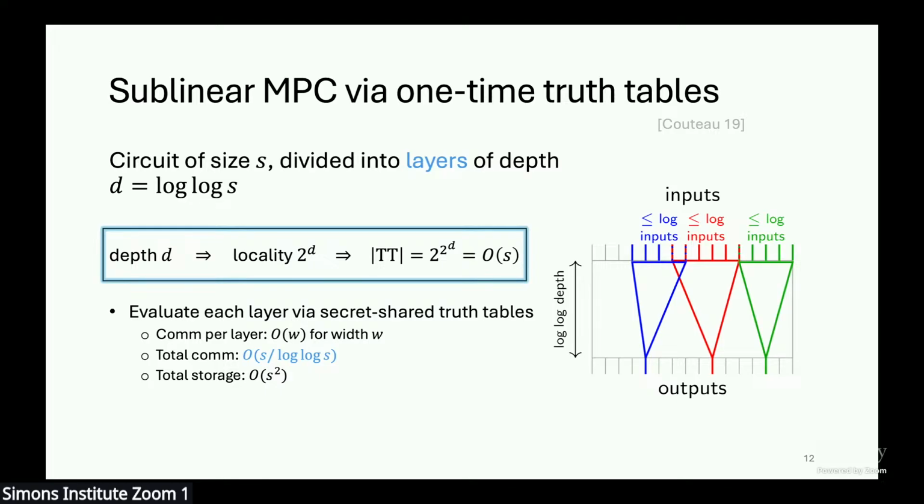If your layers are evenly distributed enough, you get this total S over log S number of bits to evaluate the entire circuit. And the storage cost for this, of course, is one truth table for each of the gates we have in the circuit, which is essentially quadratic in the circuit size. So it's not great, but it's polynomial. And overall, we have communication sublinear in the circuit size.